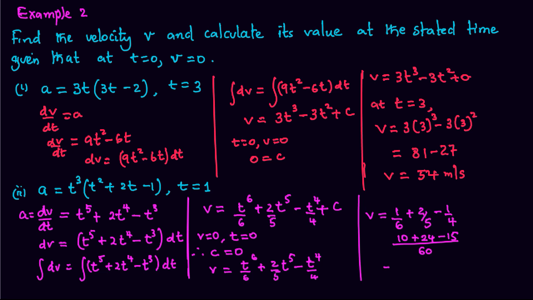This gives us v is equal to 34 minus 15, which is equal to 19 over 60. Giving us a value of v equal to 0.3167 meters per second.